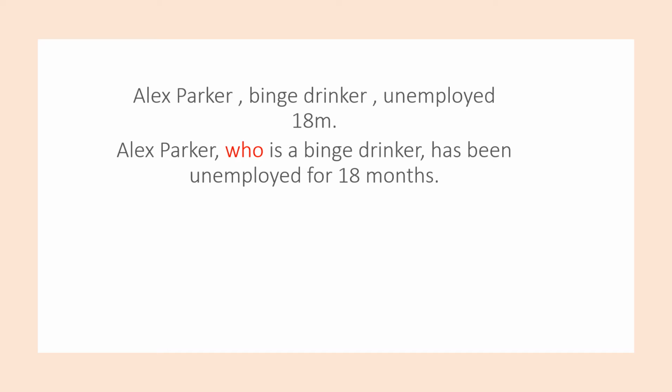So this is a sentence. We have one subject, and we want to write two pieces of information about him. So we will use who to connect them and write the first piece of information between two commas, then has been unemployed for 18 months. Okay.